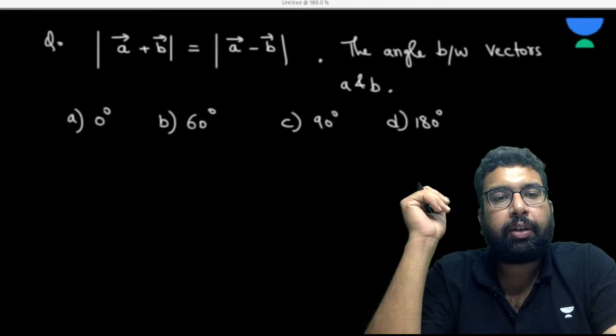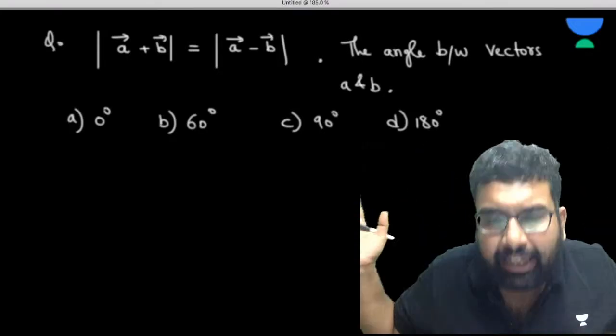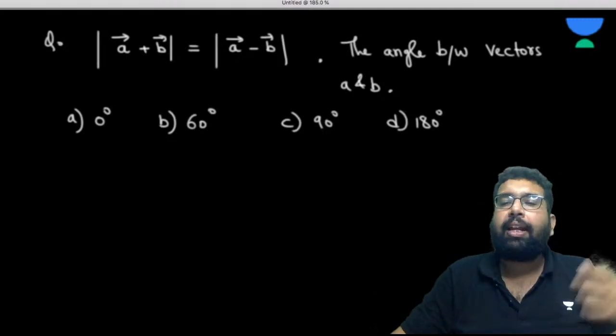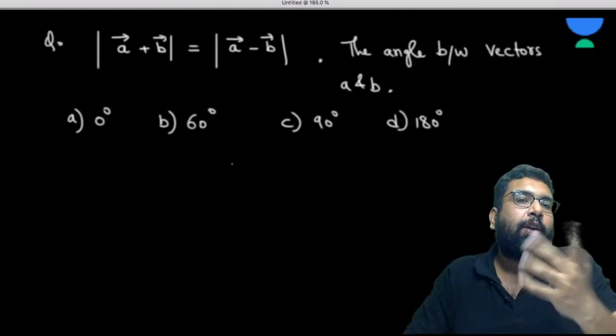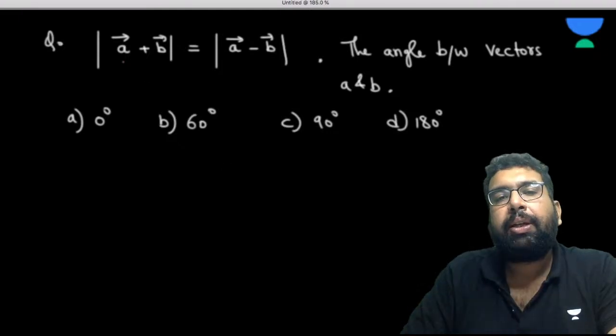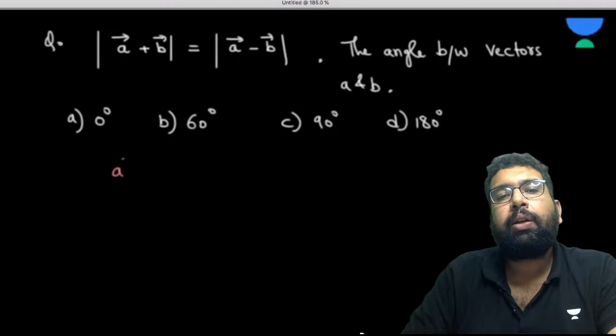So what are they asking you? Again, you can think graphically, you can think analytically, whichever way you want. Let's try it analytically. We have done graphically also. Now A plus B is the resultant of two vectors being added, so we know the formula: A square plus B square plus 2AB cos theta.